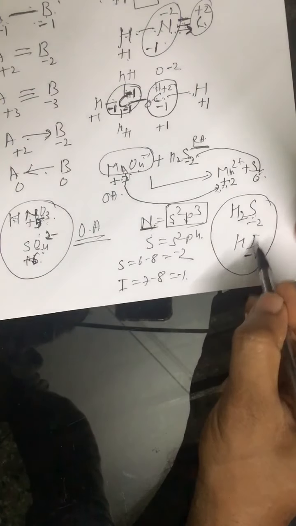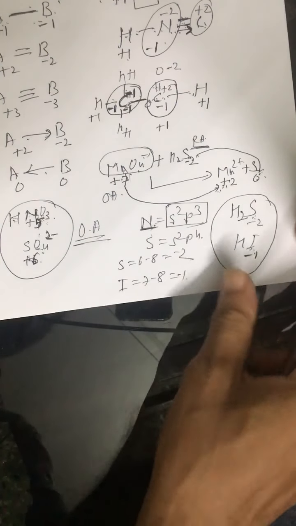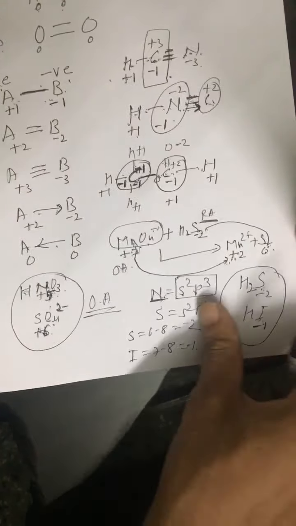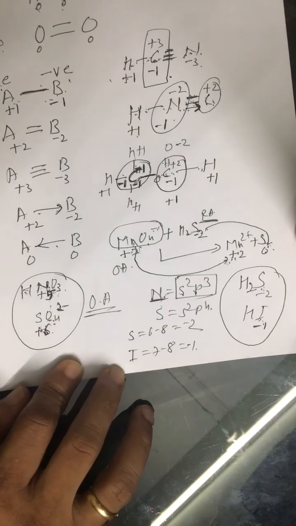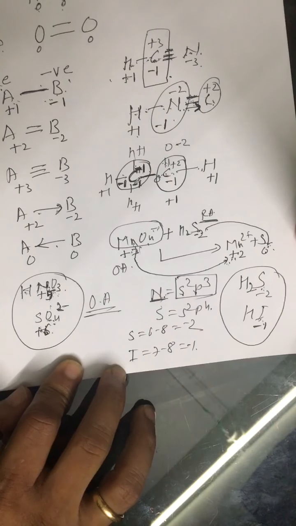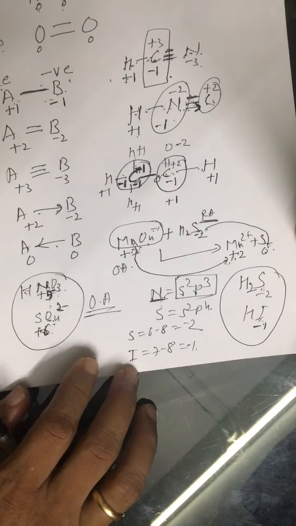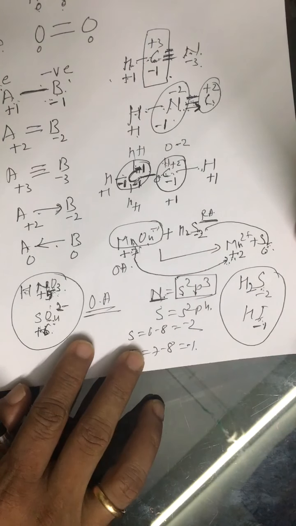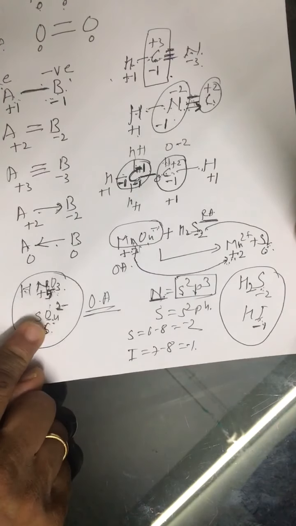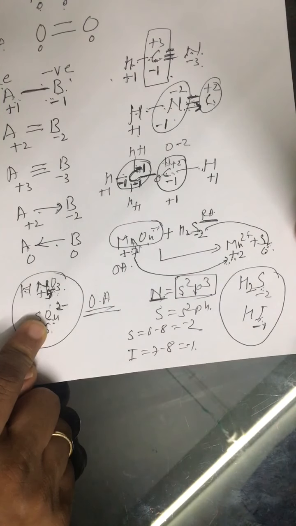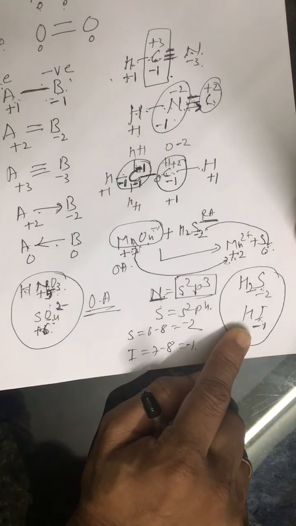So if the oxidation state of the central atom is lowest, that means it can be further oxidized, which means the function is reducing agent. So if the oxidation state of the central atom is highest, it will behave as oxidizing agent. If it is lowest, it will behave as reducing agent.